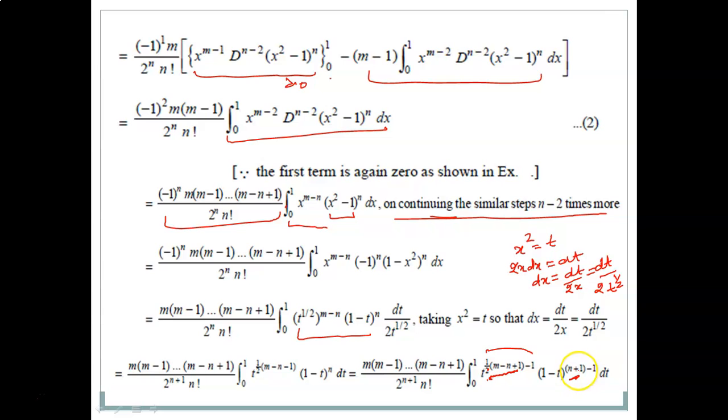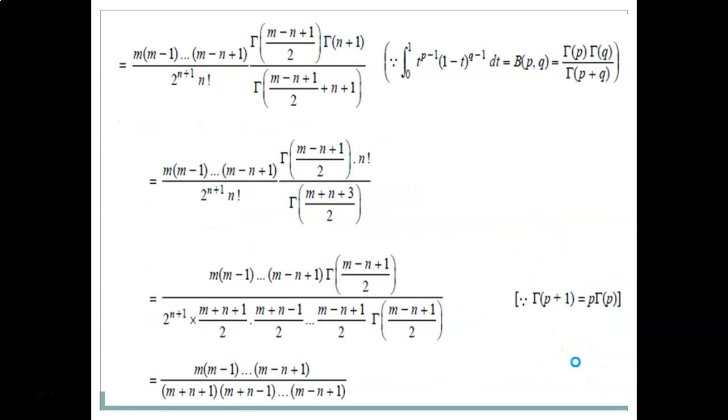So 1 minus t raised to power q minus 1. So the value should come out to be beta p q. In place of p is this quantity, in place of q is n plus 1. In that way we could write it as beta p q, but this beta p q is in fact gamma p, gamma q, and gamma of p plus q.